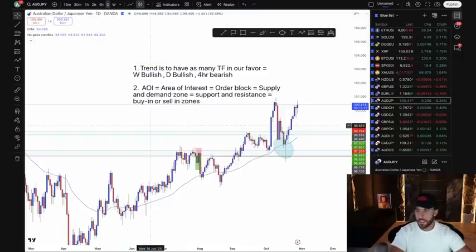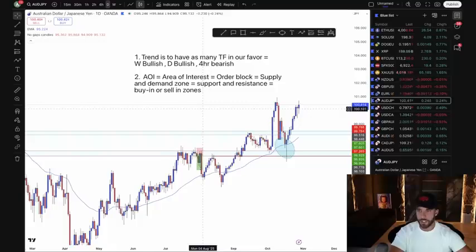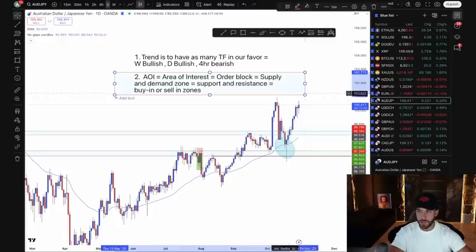All of this, ladies and gentlemen, is the exact same thing. This is an area of interest. It's an area where you're going to be interested in buying or selling price. You're going to wait for price to retrace back into that area, and wait for something for you to enter the trade. That's why it's considered an area of interest.